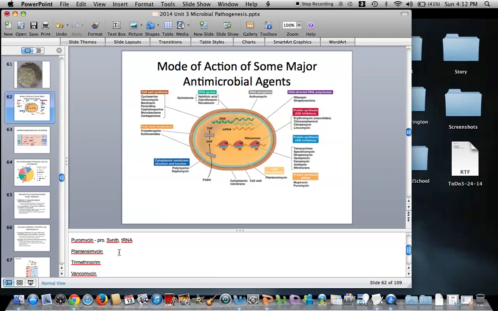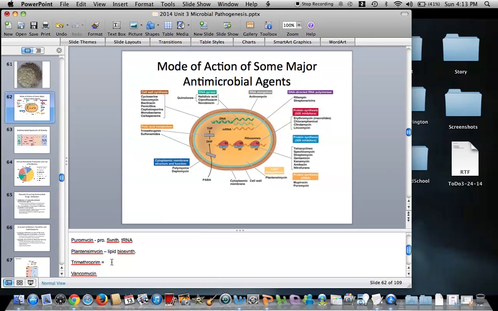Potentamycin, which is a completely different mechanism than everything else, which is the lipid biosynthesis. Which plants need oil. It messes with lipid biosynthesis. Potentamycin. Sure, why not? Trimethoprim is right here. It's folic acid metabolism.